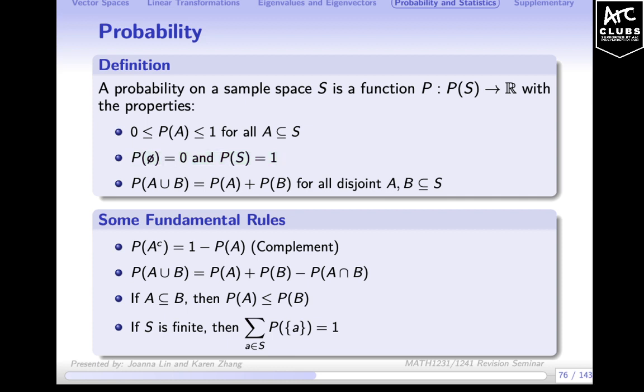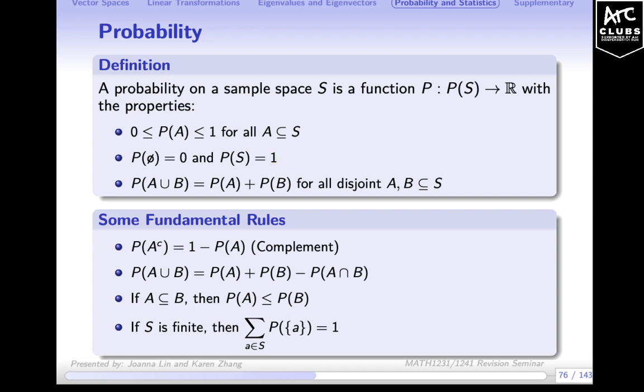That means an event will always occur. The second equation states that the probability of something amongst everything happening is, well, something will definitely happen, so the probability of that will always be 1.